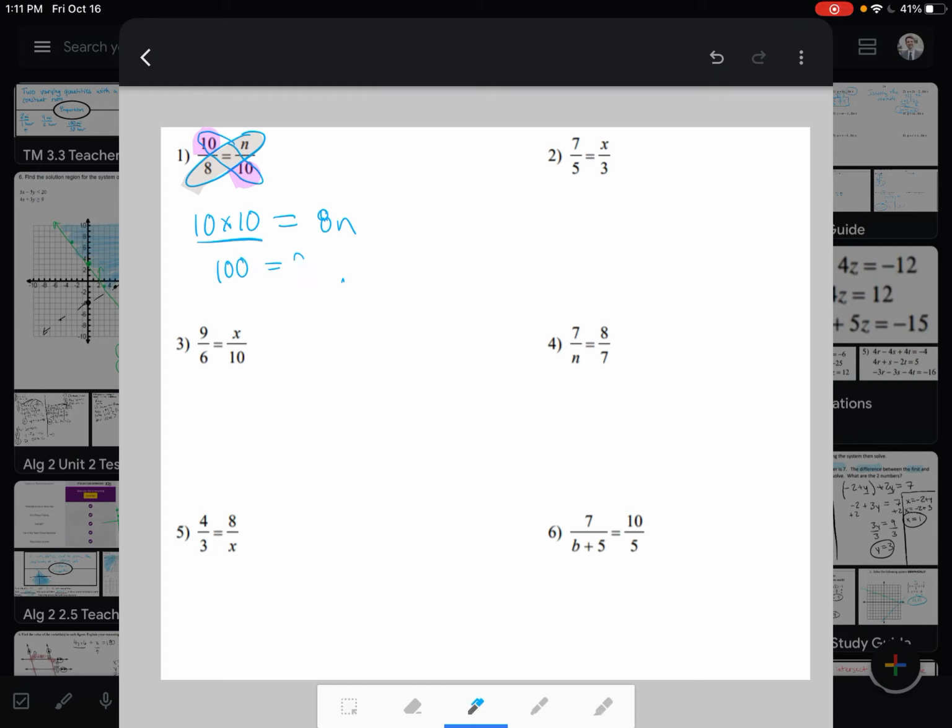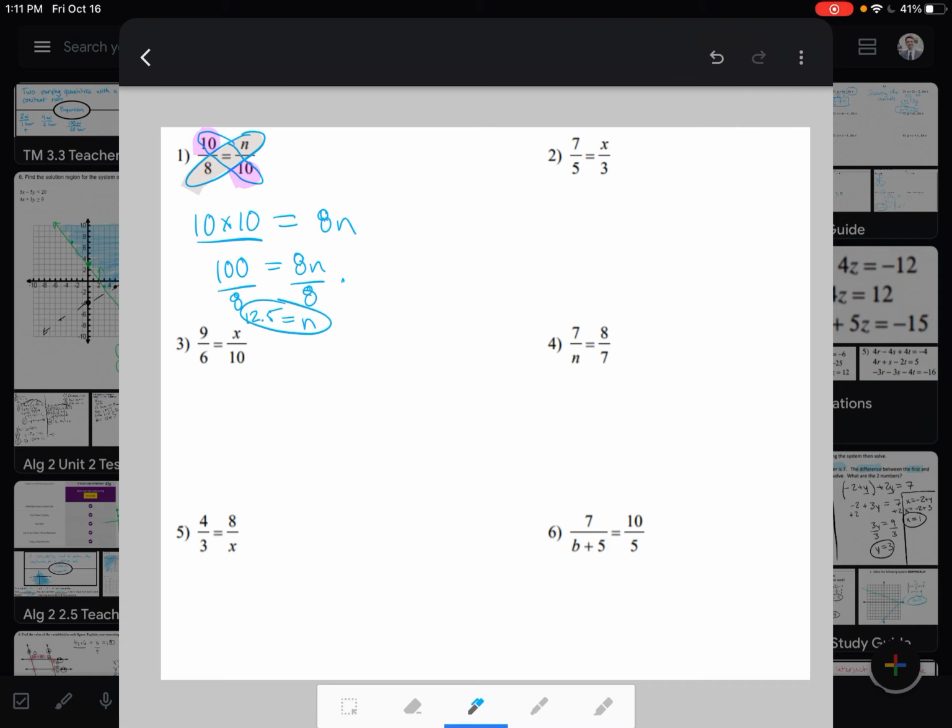Now we can go through and solve. We'll get 100 on the left, 8n on the right side, divide both sides by 8, and we'll get to n equals, and let's get the full decimal for this one so we can calculate for sure, 100 divided by 8 gets us an answer of 12.5.